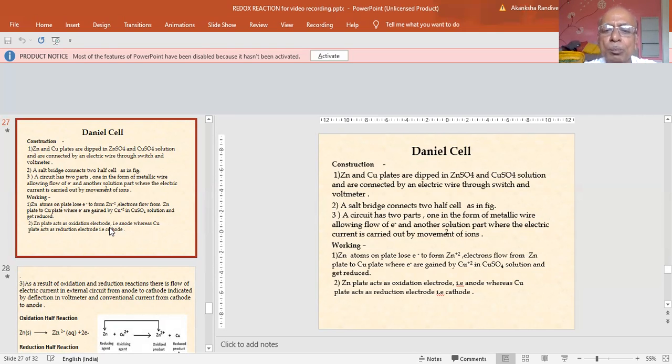Zinc atoms on the plate lose electrons to form Zn2+ ions, and these electrons flow from the Zn plate to the copper plate, where electrons are gained by Cu2+ in the copper sulfate solution and get reduced. The zinc plate acts as an oxidation electrode, that is the anode, whereas the copper plate acts as a reduction electrode, that is the cathode.